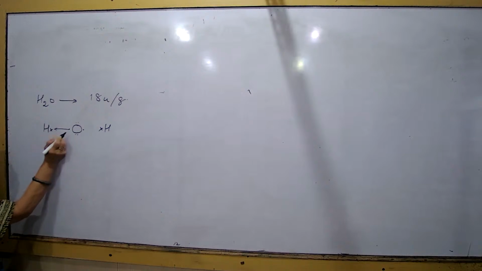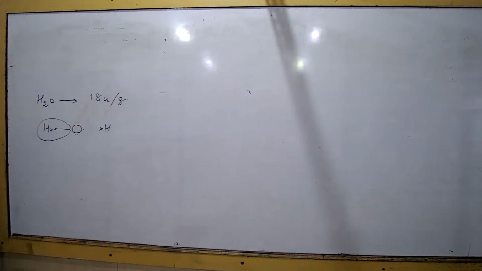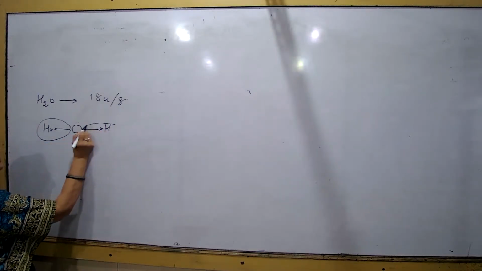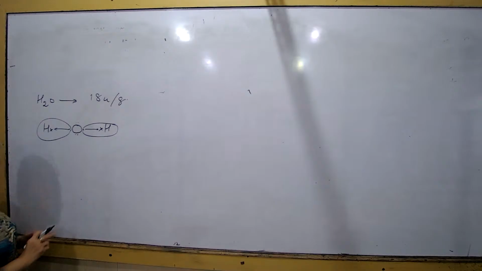So H has got its 2 now. Similarly, this also is going here, so the other H has got its 2. Correct?